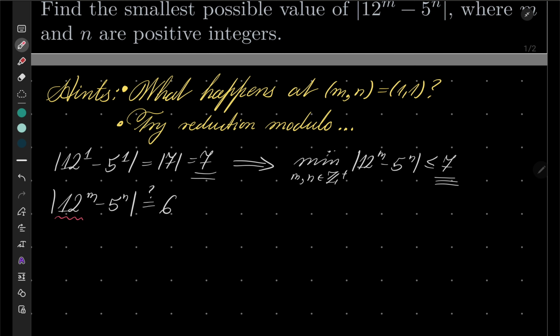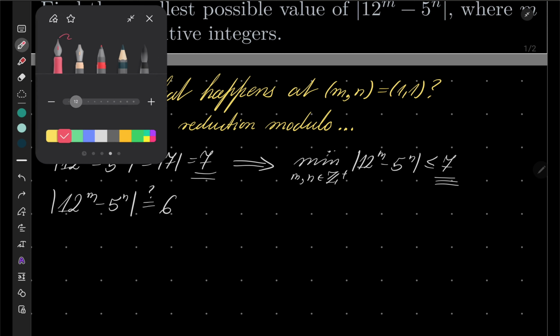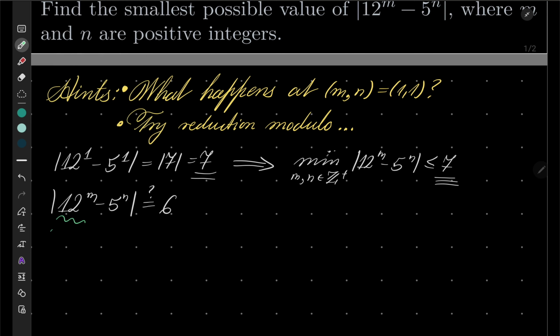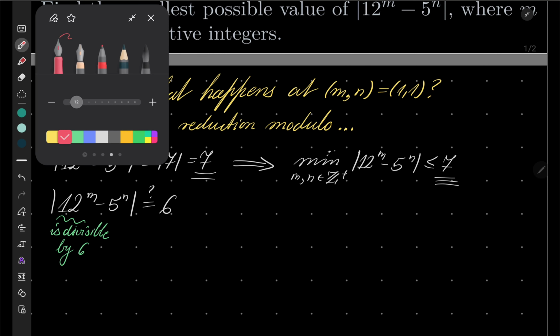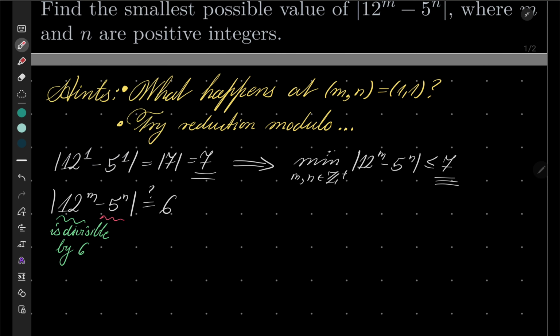Because 12 raised to the power of m is divisible by 6, but 5 to the power n is not divisible by 6.